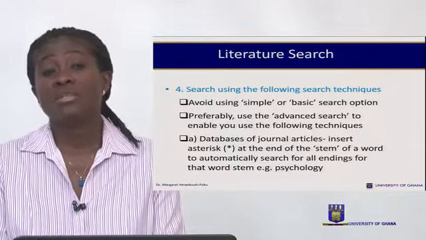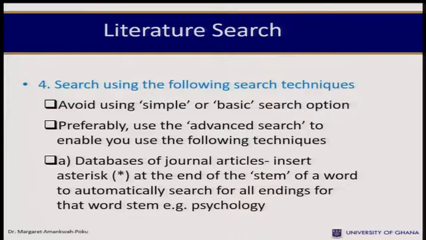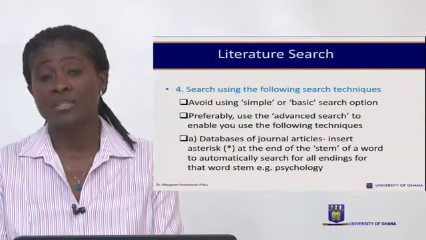In doing your search, you can also use the following techniques to be able to guide you to do your search. Now, one thing you can do is to avoid doing a simple search or a basic search. So usually look for the advanced search button and click on it. And with that one, you can specify exactly what you want to search.